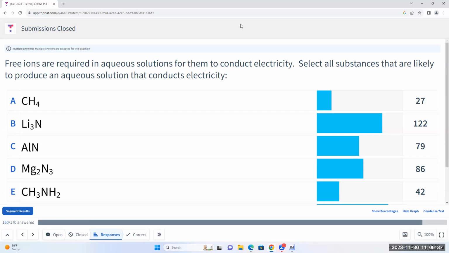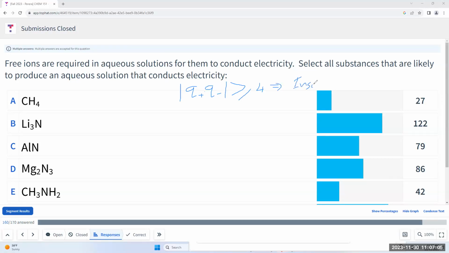And then how do we do that? So if you have an ionic compound with a charged product, and this is what you need to recall here. First of all, you need to have an ionic compound, okay? And the charged product of the ionic compound, that is the charge of the positive ion times the charge of the negative ion, the absolute value of that, if this value is greater than or equal to 4, then this is going to be insoluble.